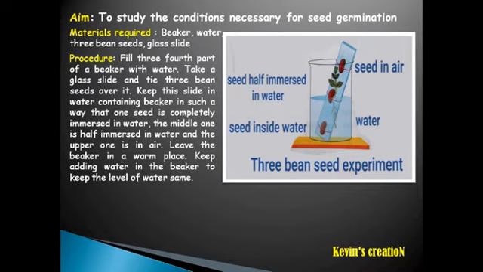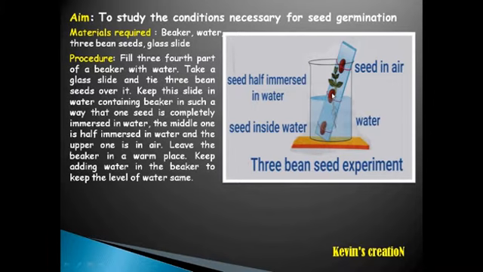Keep the glass slide in the beaker in such a way that one seed is completely immersed in water. You can see the seed inside water. The middle one is half immersed in water.